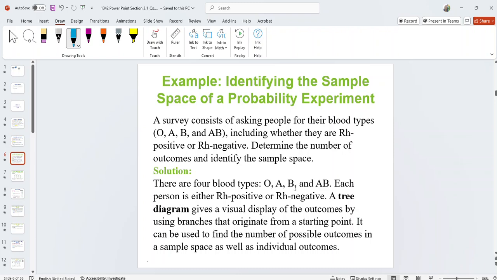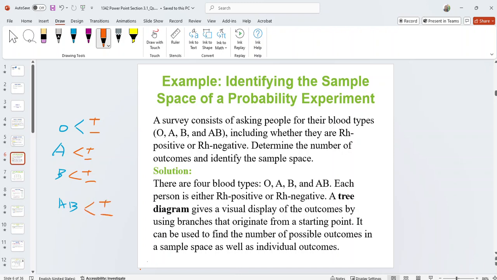So what are the possible outcomes? If we have 4 different types, type O, type A, type B, type AB, then each one can have a positive or negative. So how many different outcomes do we have?